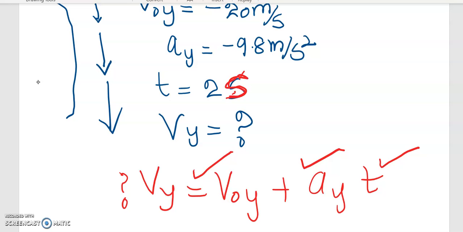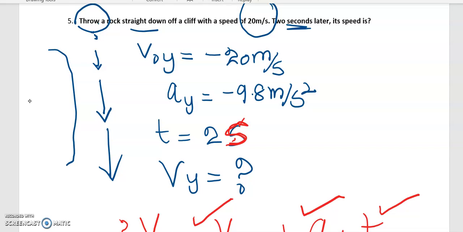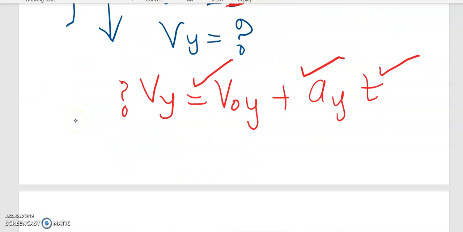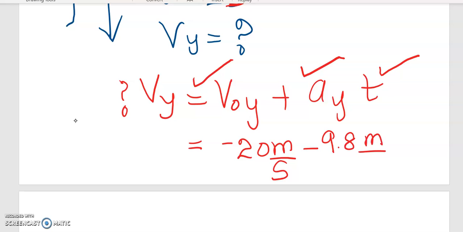Okay, so I'm going to write down up as positive. That's why I have negative 9.8 and negative 20. And I'm going to do the substitution. Negative 20 meters per second minus 9.8 meters per second squared times t equal to 2 seconds.